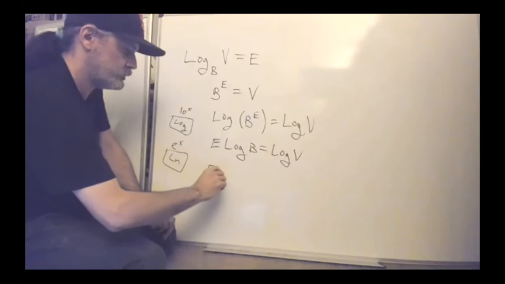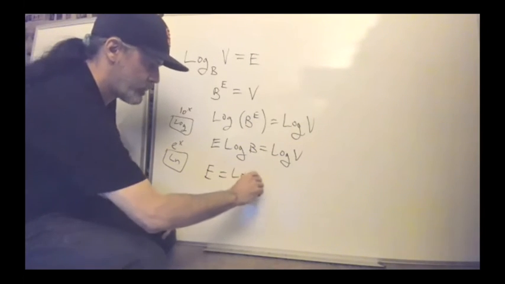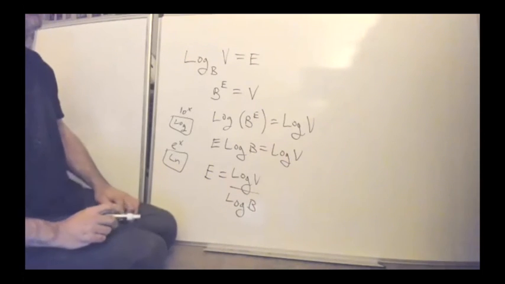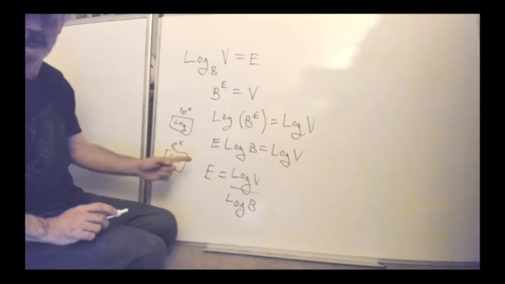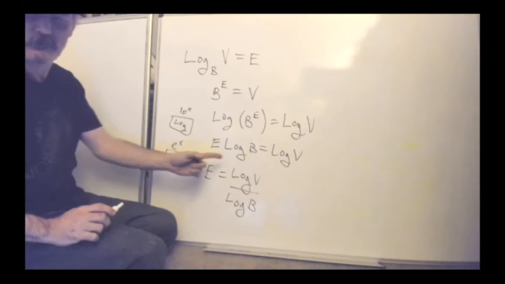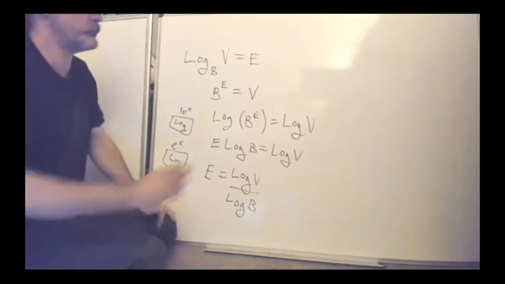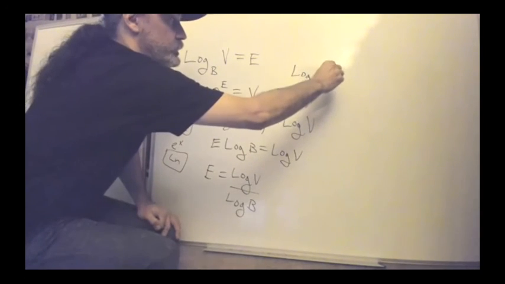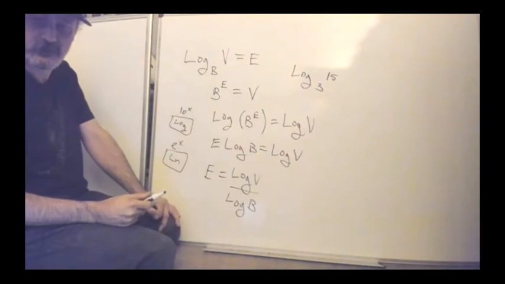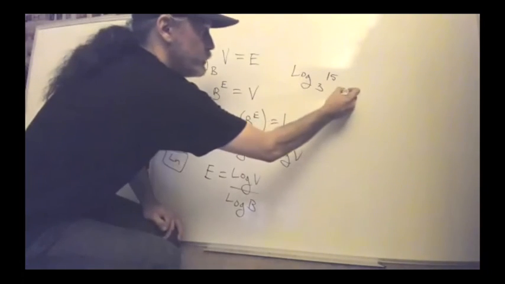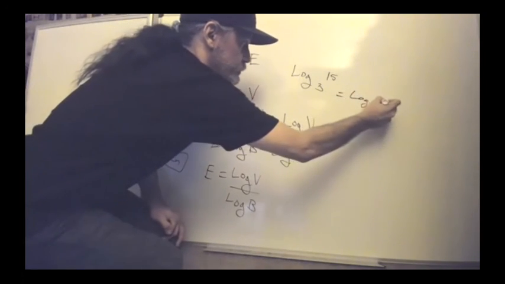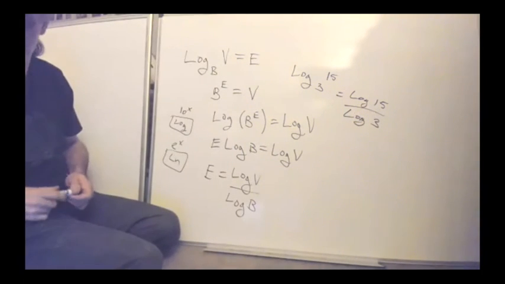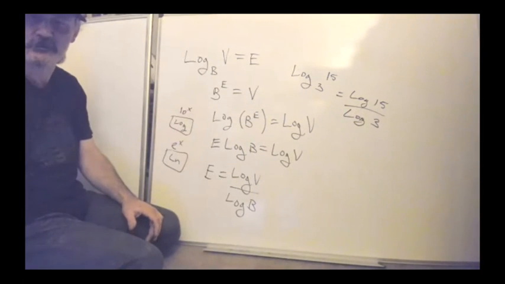Okay, so now we have a way to do this. Okay, the exponent is equal to the log of the value divided by the log of the base. So if you're doing log base 3 of 15, there's no button on our calculator that's going to get that, but we just change this to log 15 divided by log 3. And then we now can do this.